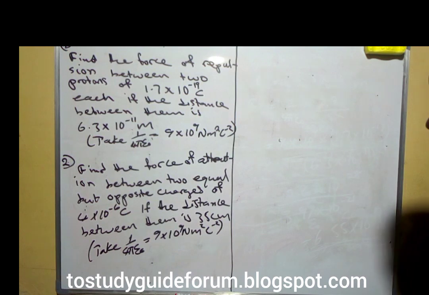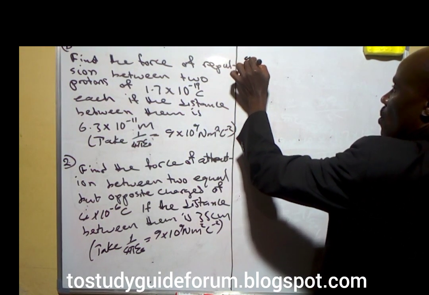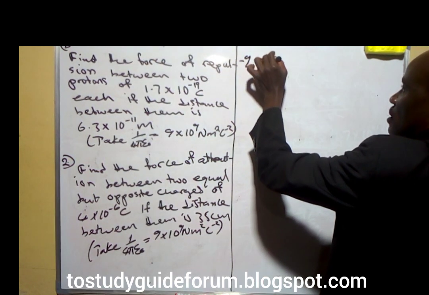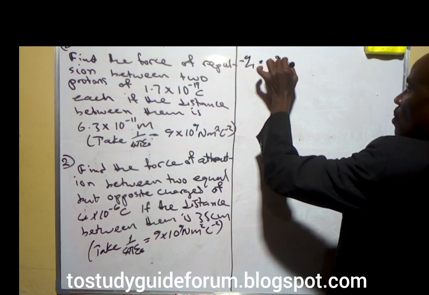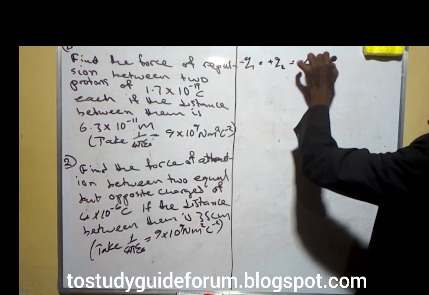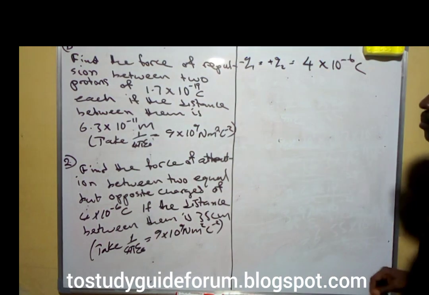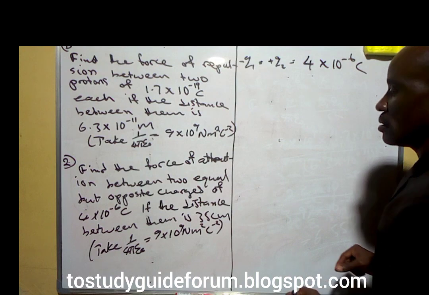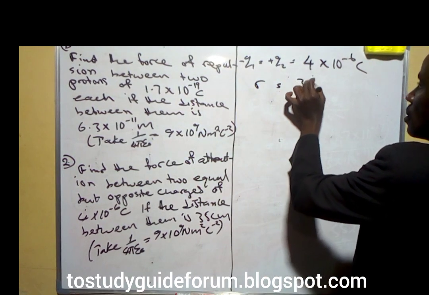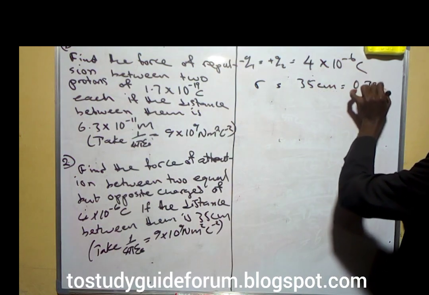What we'll do here is, the negative charge and the positive charge, all of them are equal, and we have them to be this coulomb. And then the next one, the distance, 35 cm, which is equal to 0.35 meter.